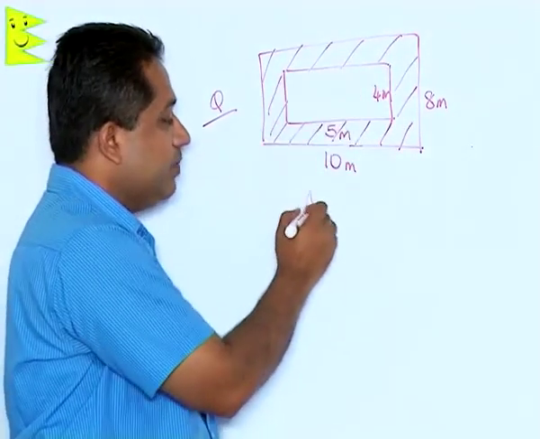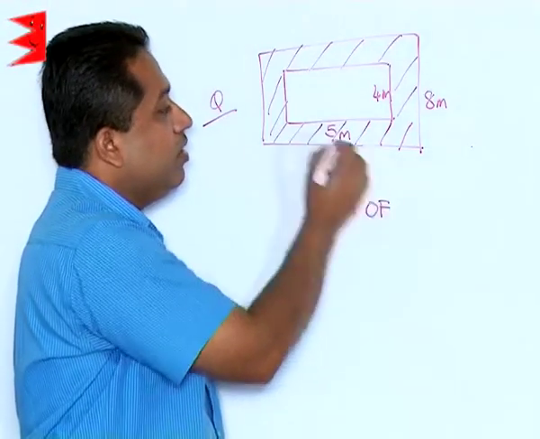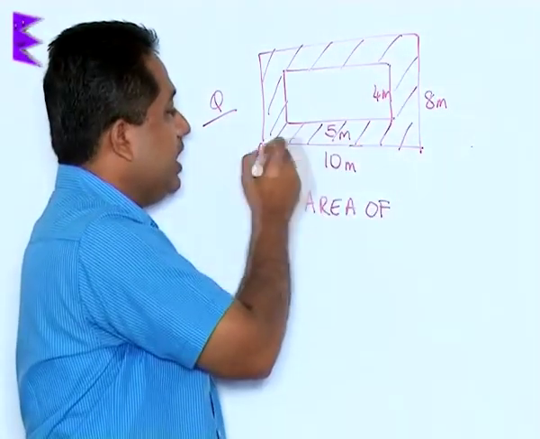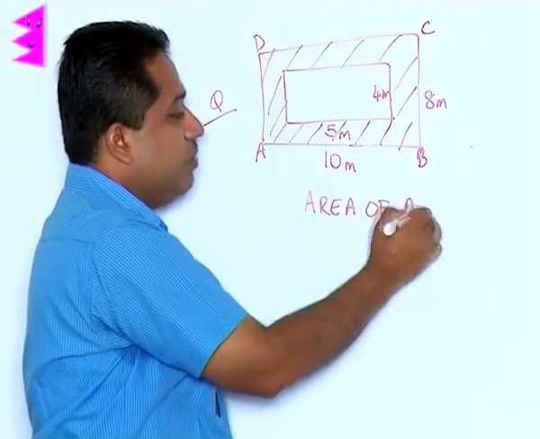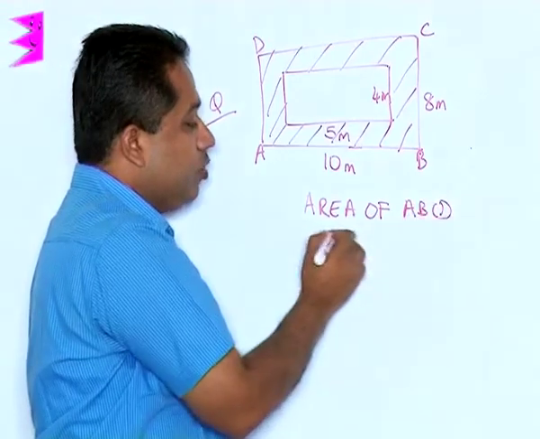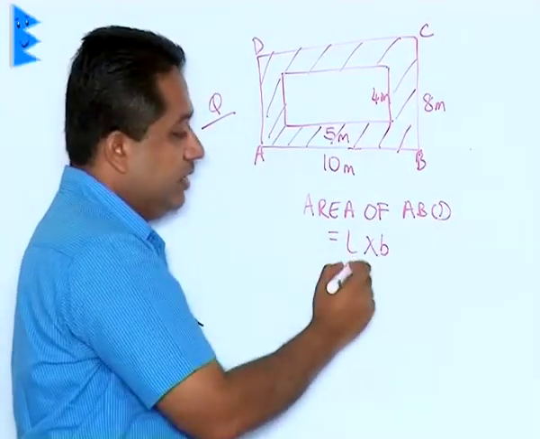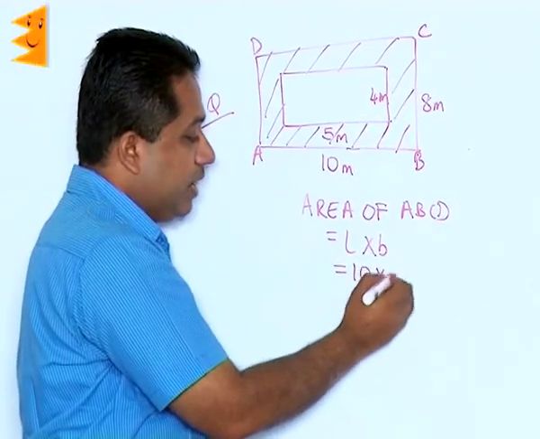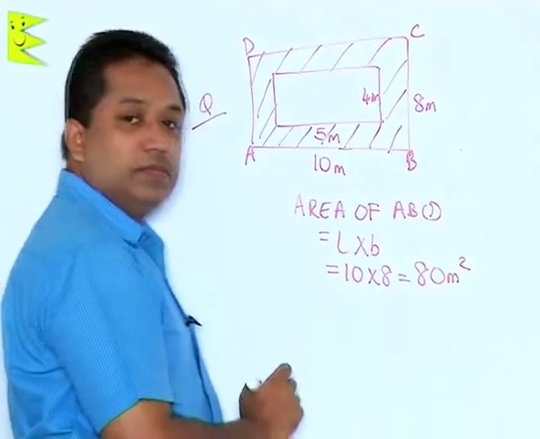So, we can say area of the bigger figure, let us name it as ABCD. Area of ABCD is equal to length multiplied by breadth, that is the area of a rectangle, is equal to 10 multiplied by 8, and therefore this will be 80 meter square.